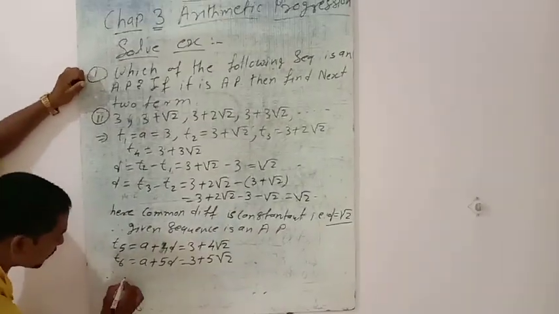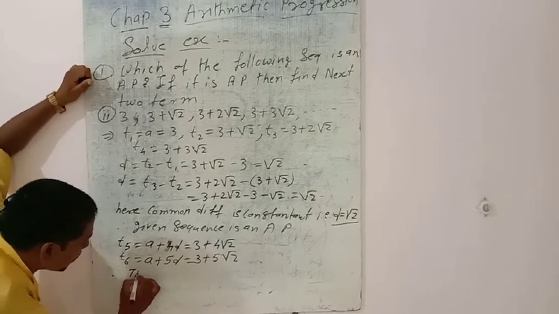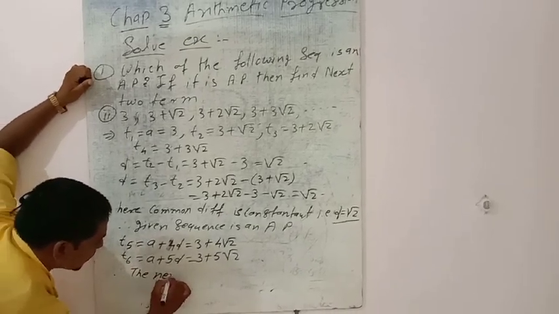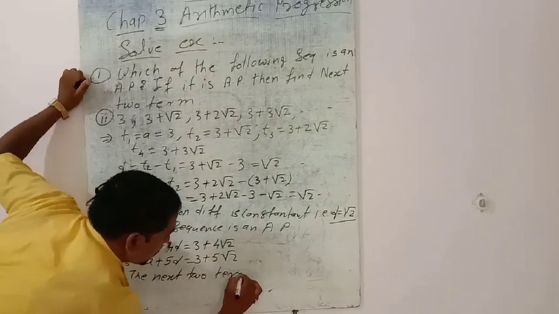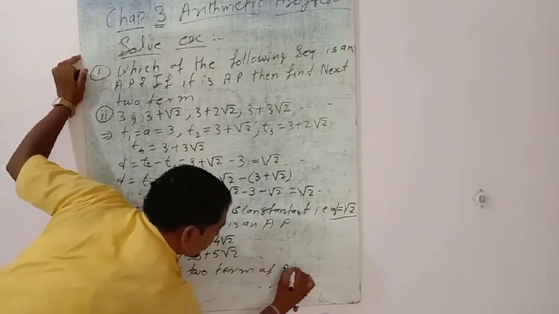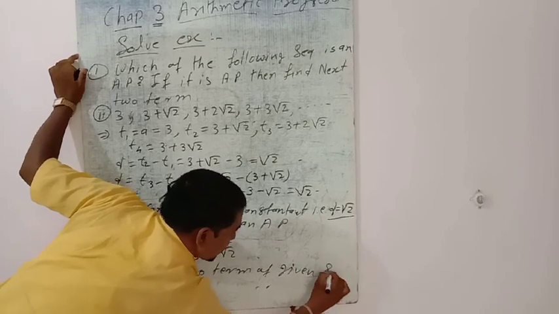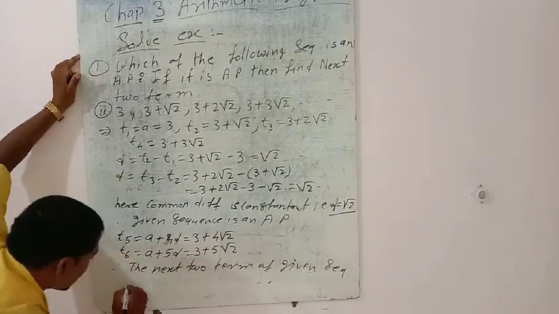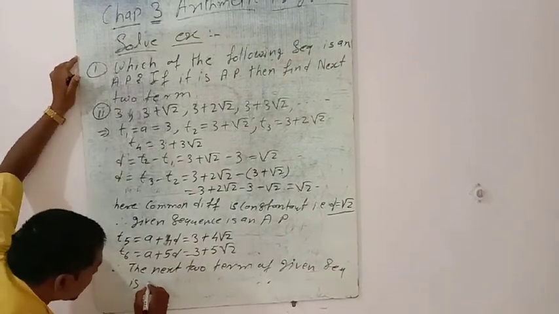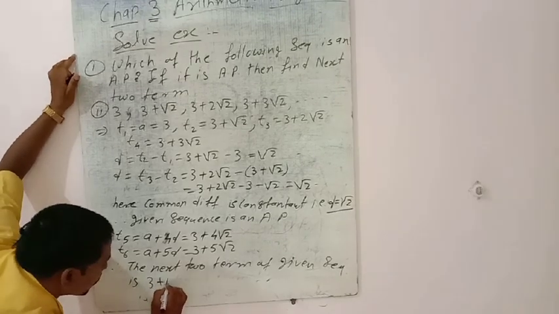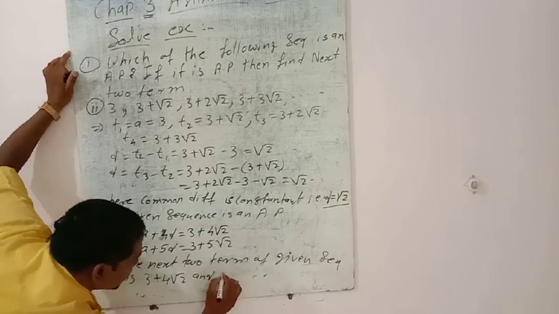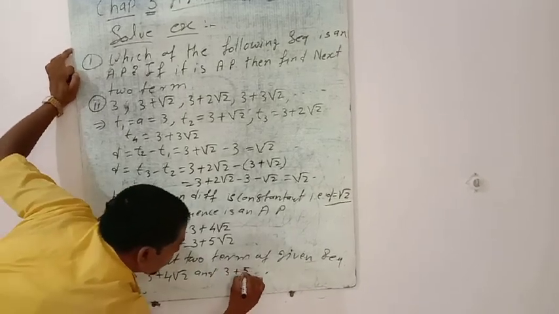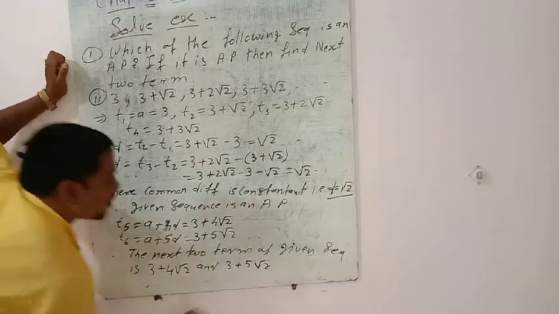So the next two terms of the given sequence are 3 plus 4 under root 2 and 3 plus 5 under root 2.